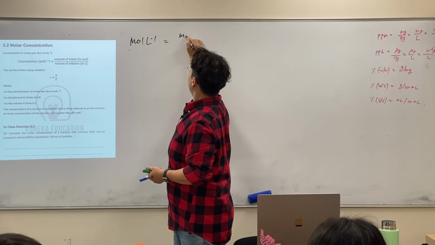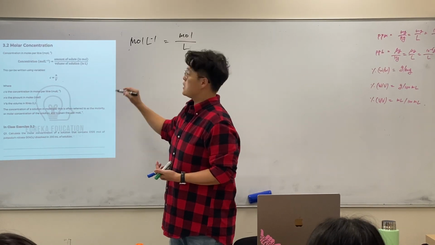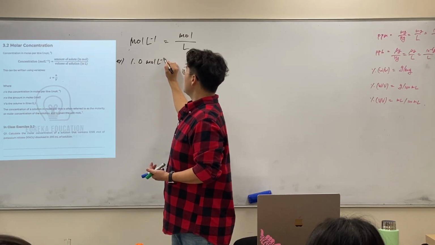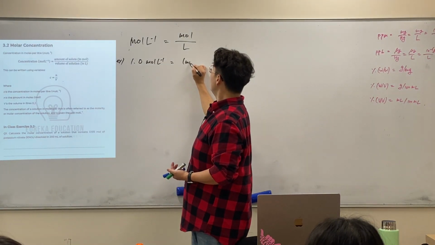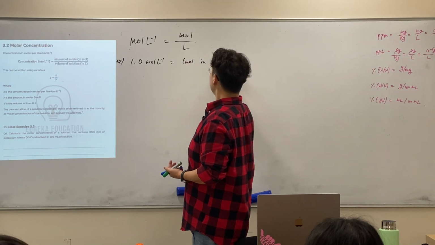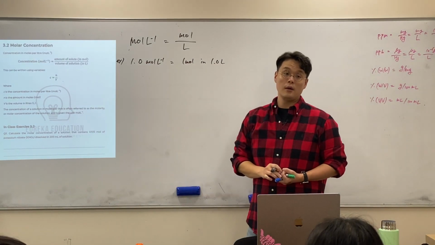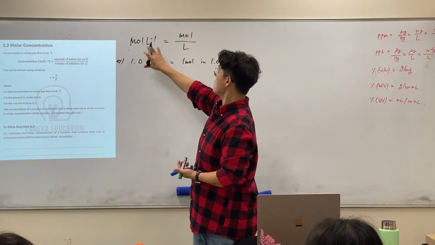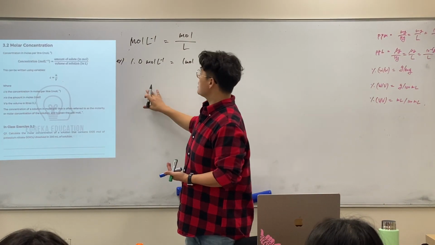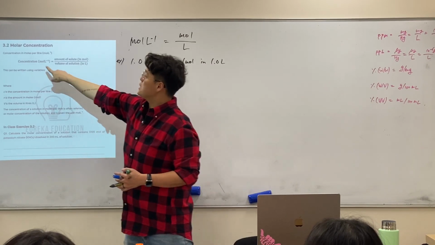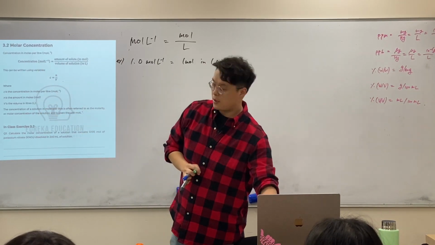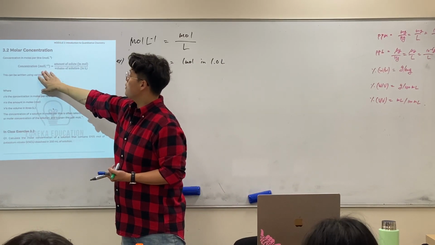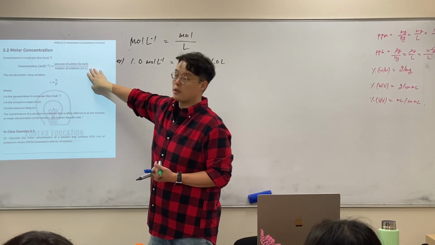Saying 1.0 mole per liter means that we have 1 mole in 1.0 liter of that solution. Simple as that. We can have various numbers of moles per liter. On page 79, concentration in moles can be found as the amount of solute in moles divided by the liter.